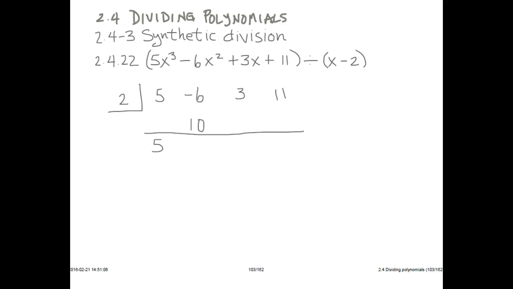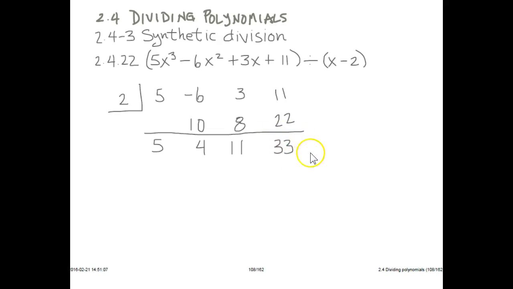Negative 6 plus 10 gives me 4. 2 times 4 gives me 8. 3 plus 8 gives me 11. 2 times 11 gives me 22. 11 plus 22 makes 33. I'm done.